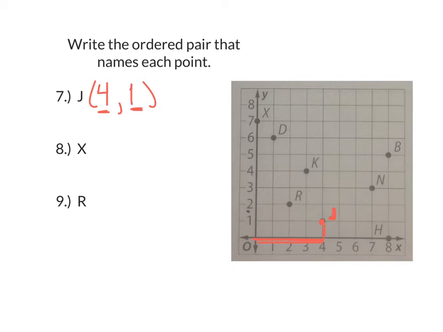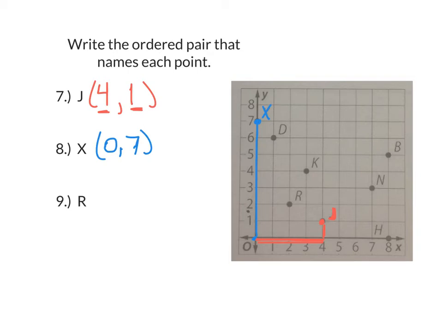If we're going to do that on point X, which is right here on the y-axis, starting again back at the origin, we see that we don't have to go to the side at all. Our point is right on top of the y-axis, so we actually move 0 units over, and then we go up 7 units. So the y-coordinate is 7.